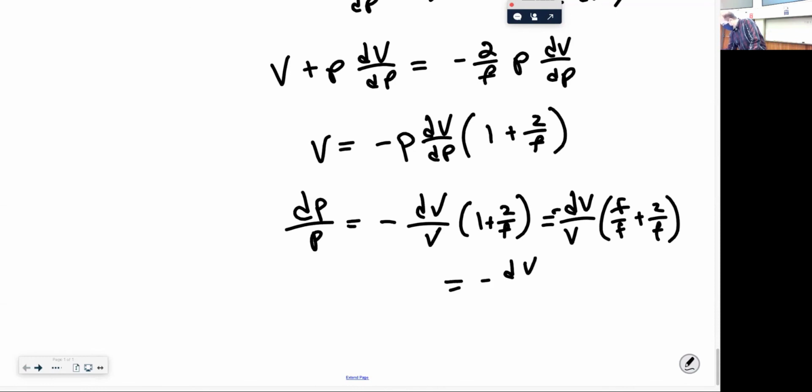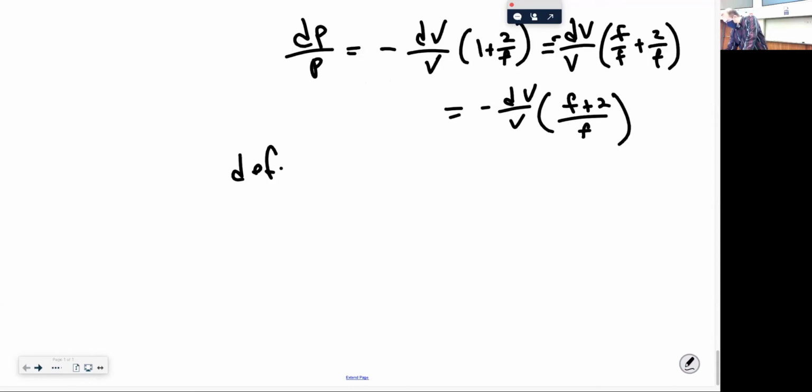That's negative dv over v of f plus 2 over f. Okay, let's make a definition. Let's define gamma to be f plus 2 over f, because it's going to be a lot easier to write gamma than it is to write f plus 2 over f.